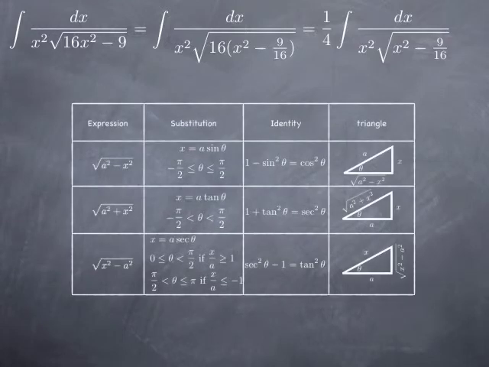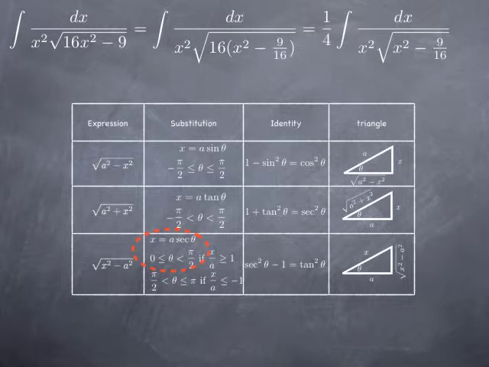Just to remind you what we have seen about the type of substitution that we use in each situation, this is a table of trig substitutions that we have seen in the previous video, and you see that we are in this kind of situation. We have the square root of x squared minus a squared, and in that case we're going to use x equal a secant theta as our trig substitution, restricting ourselves, for instance, to theta between 0 and pi over 2, or to theta between pi over 2 and pi.